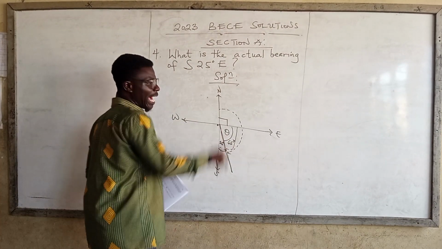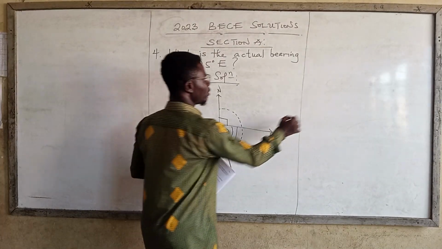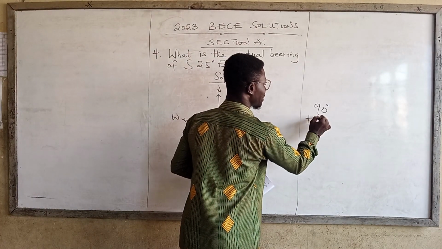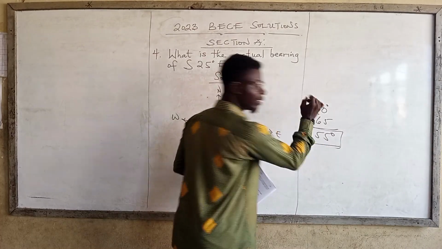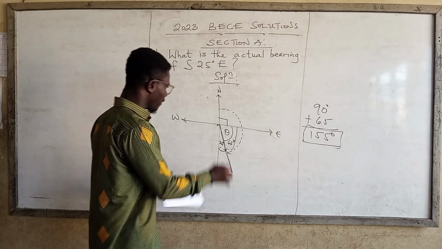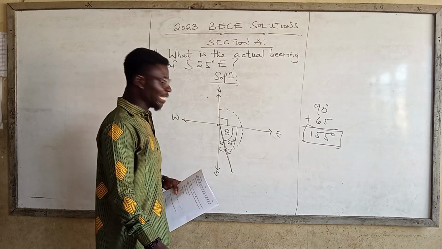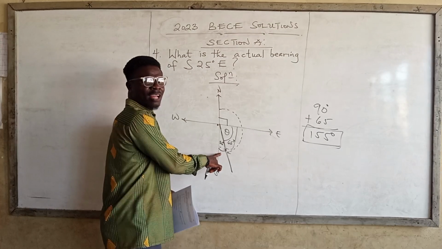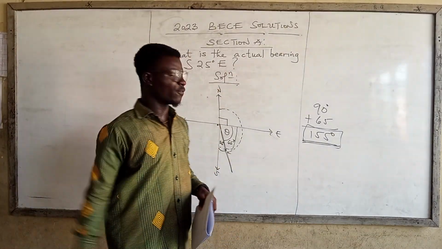Then you add it to 90 degrees. 90 degrees plus 65 degrees, you obtain 155 degrees. Or you can just find it from the total, which is 180. Then you subtract 25 from 180, you still obtain 155.